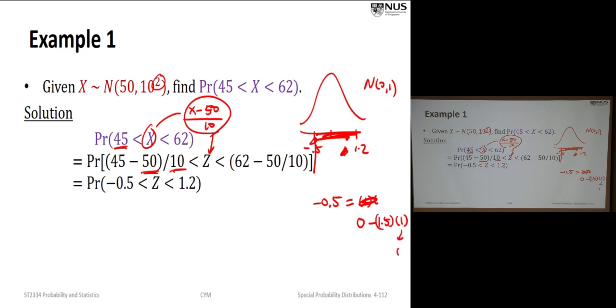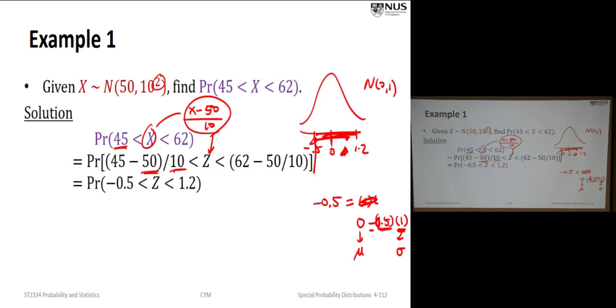This is the standard deviation, this is the mean. So it is 0.5 standard deviation below the mean, because it's minus.